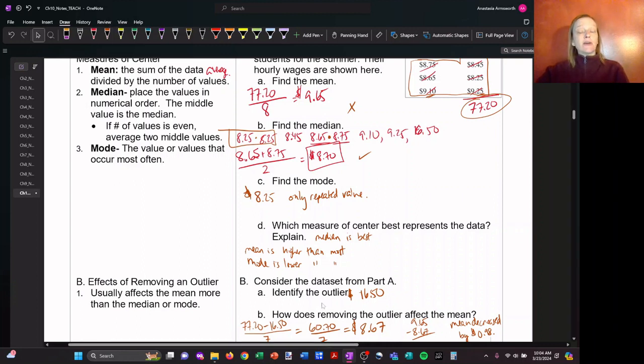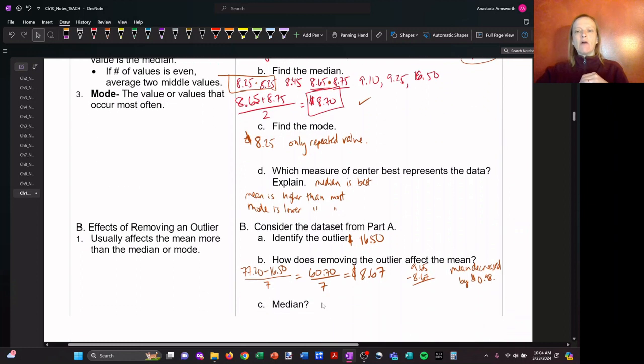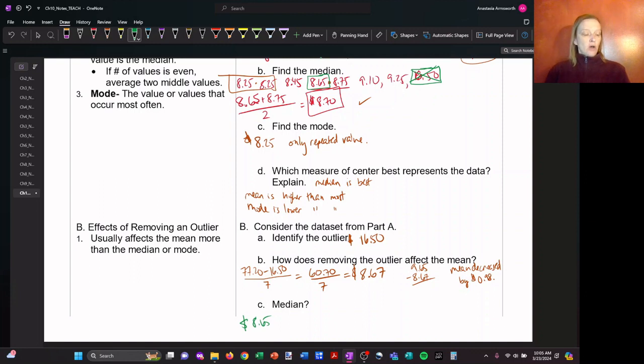Let's look at how the median is affected by removing this outlier value. So looking at this list, because I've already written it in order, it's a little easier for me to see what happens when I remove that outlier value. Now I have an odd number of values in the data set, and my new median is $8.65. So, what was the effect of removing this outlier?